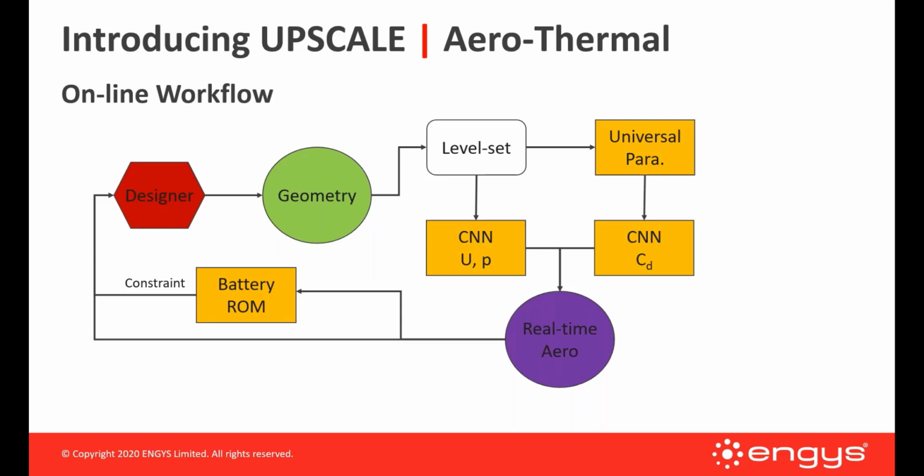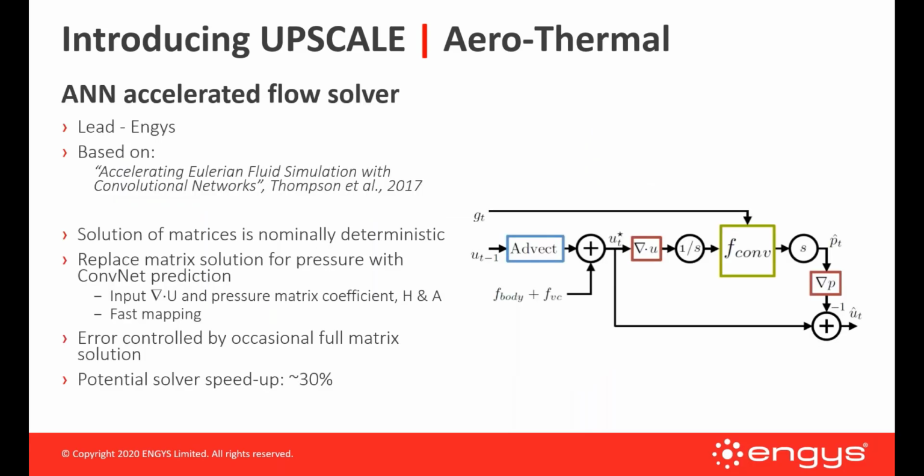That field is sampled, goes into the neural network, it produces flow fields, it produces a parameterization. These in turn produce drag coefficients, and that then gets fed back via a real-time interface to the designer. So you can see his changes reflected in the performance metrics of the vehicle. In between, there's the battery reduced order model to tell you red, green, whether the performance of the battery cooling system is working out or not.